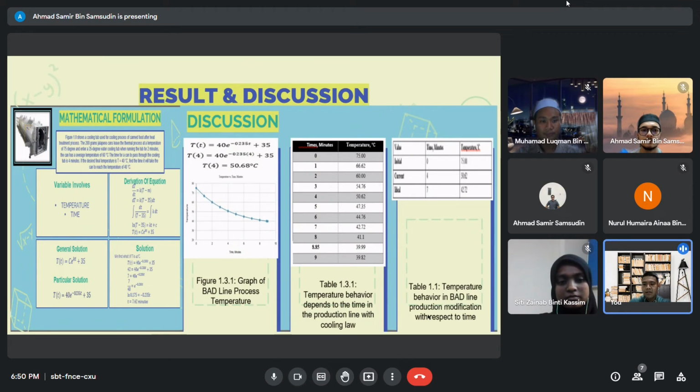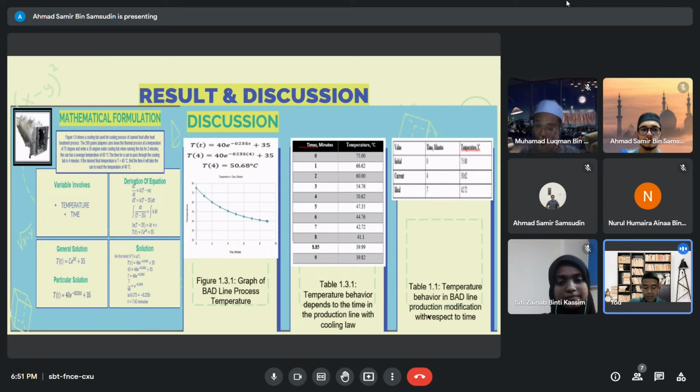Then the general solution, T(t) = Ce^(kt) + 35, and the particular solution, T(t) = 40e^(-0.235t) + 35. Okay, this is the solution.